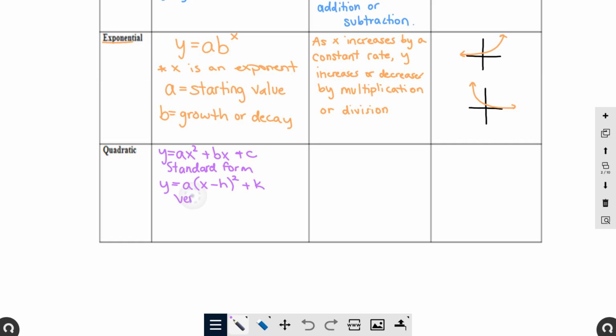That was our vertex form. And then we also had our factored form. We did a lot of stuff last year, didn't we? So we have our standard form, our vertex form, our factored form.